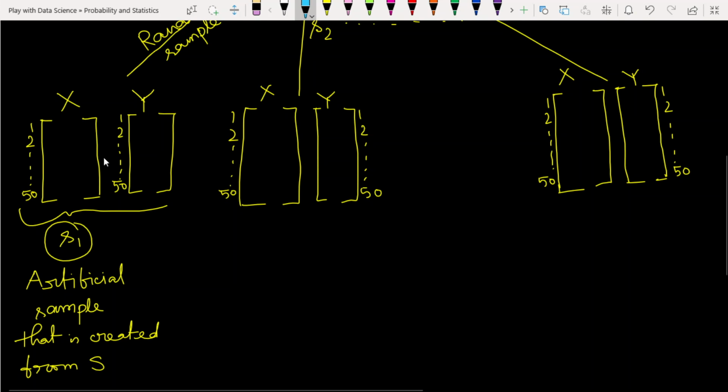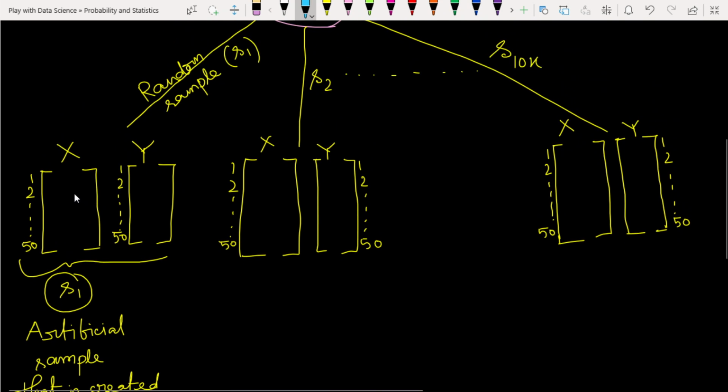Suppose the mean of X is small x1 bar, and the mean of Y is y1 bar.